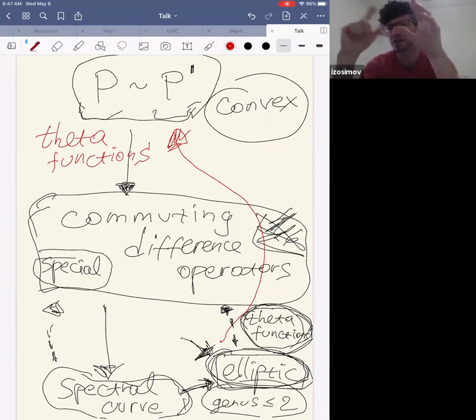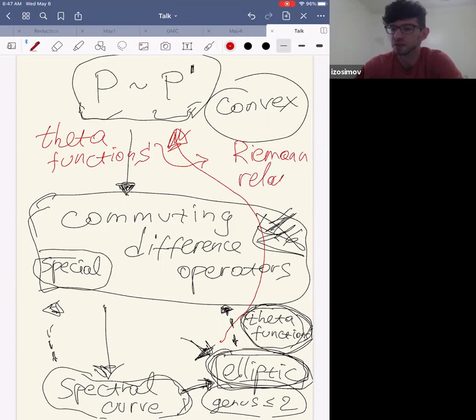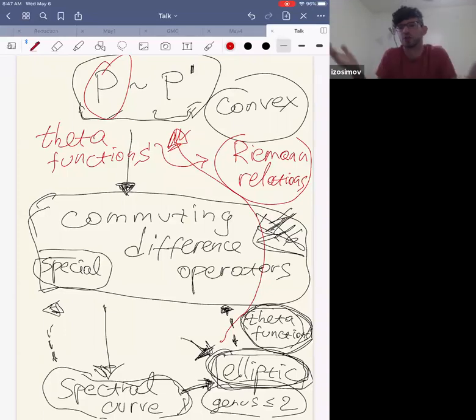It turns out that it's sufficient to prove just one of these things because there is a certain duality involved here. And then proving this boils down to what are called Riemann relations between theta functions. It turns out that P being inscribed in a conic is completely equivalent to Riemann's relations between theta functions, which are known to be true.